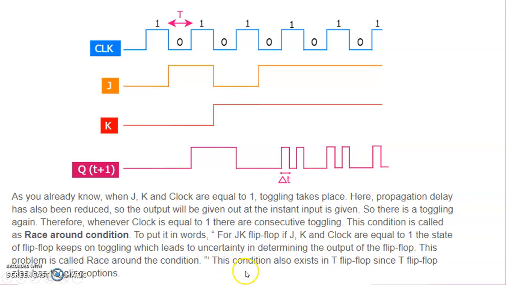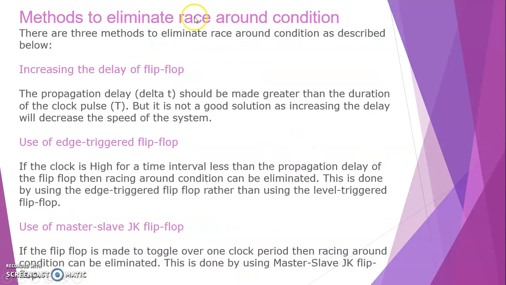Okay, so how can we solve this condition? The methods to eliminate the race around condition: increasing the delay of the flip-flop, that means the propagation delay should be made greater than the duration of the clock pulse, but it is not a good solution. Use of an edge triggered flip-flop: if the clock is high for a time interval less than the propagation delay, the race around condition can be eliminated.